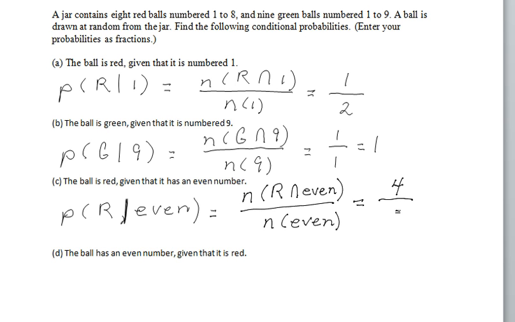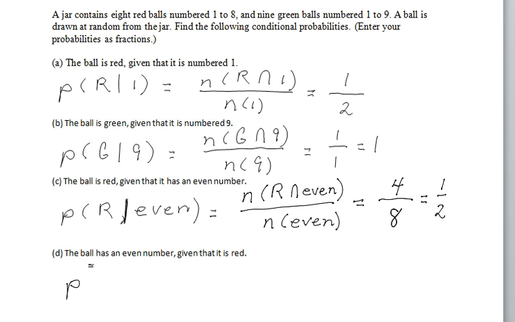There are 8 even numbered balls altogether, 4 red and 4 green. This reduces to 1/2. So half of the even balls are red and half are green.